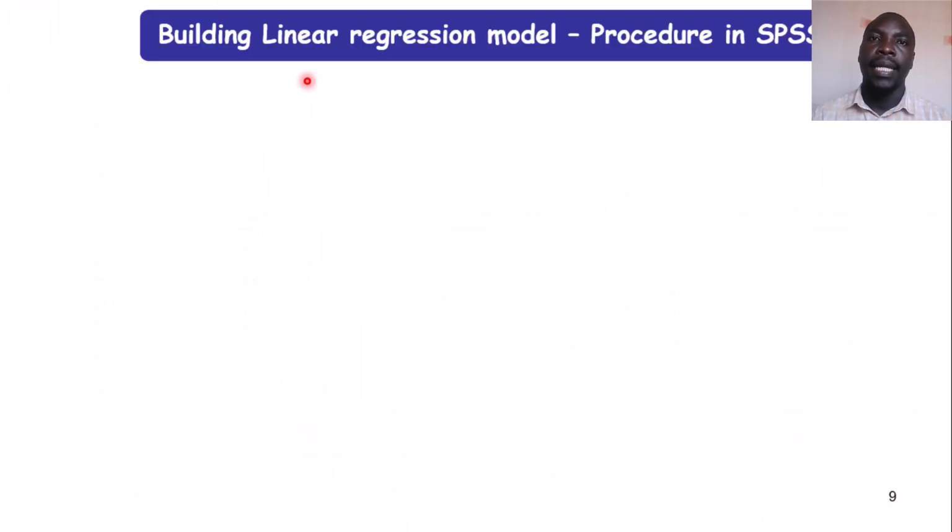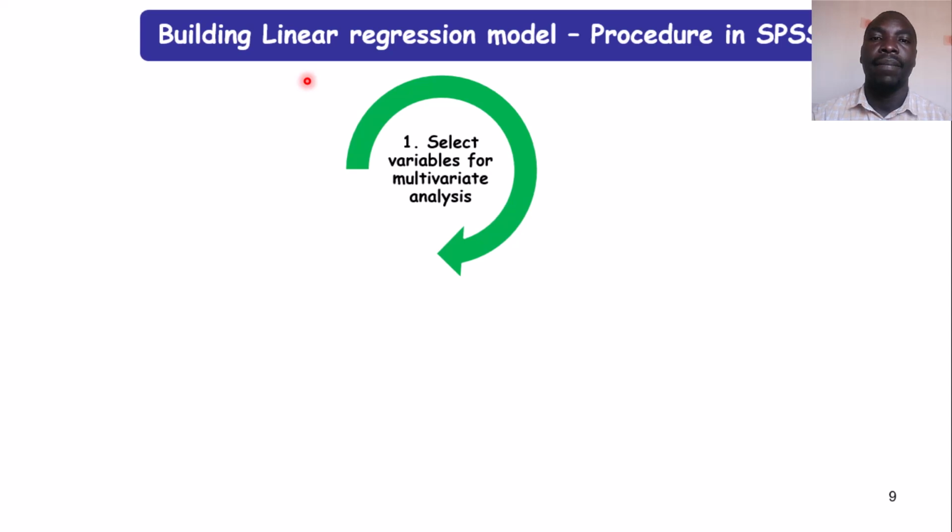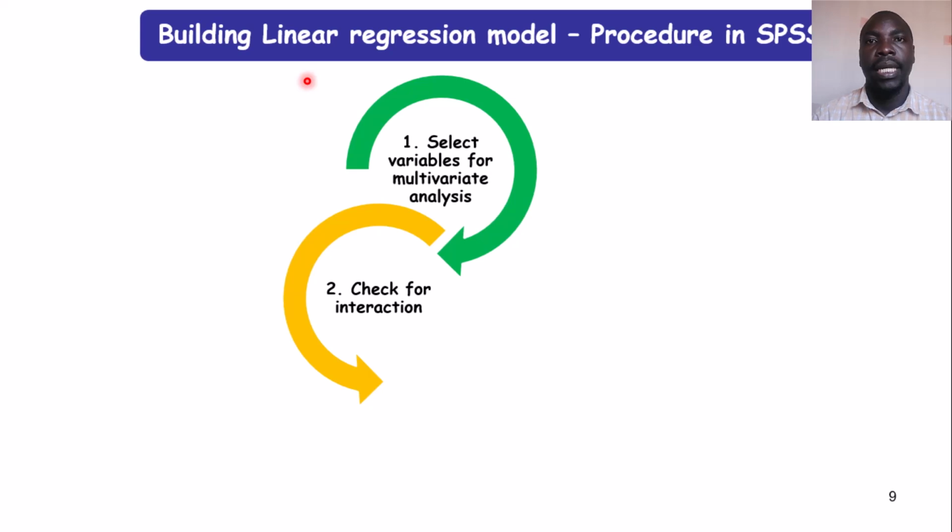When building a linear regression model, there are 3 critical steps that you have to follow. Number 1, you have to select the variables that you're going to include into your model. Most of the times you have very many variables and you don't know which one you should choose to include into your model. We shall see that shortly. Secondly, check for interaction. Is there interaction effect among these variables that you are using to predict the outcome?